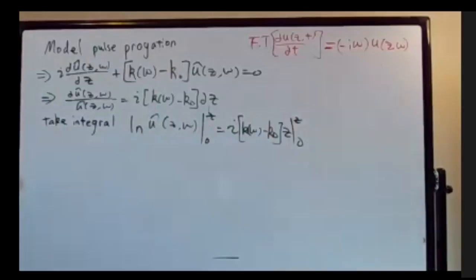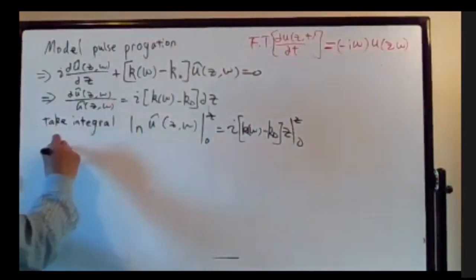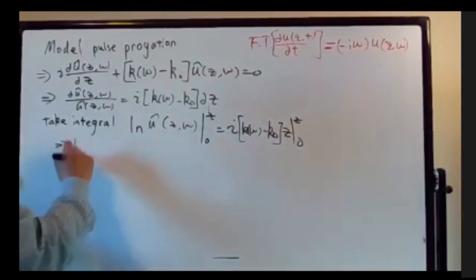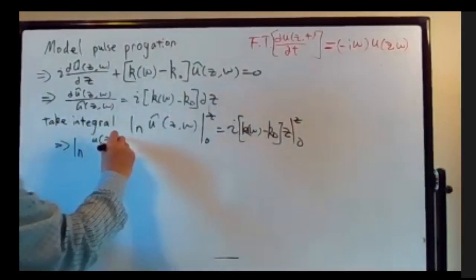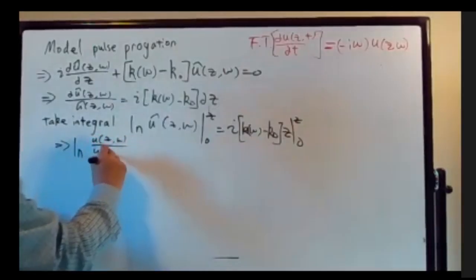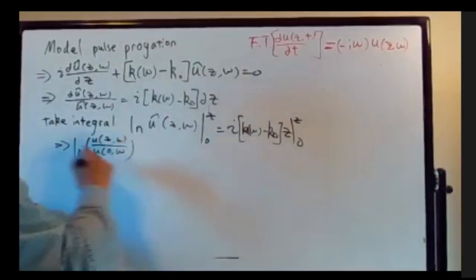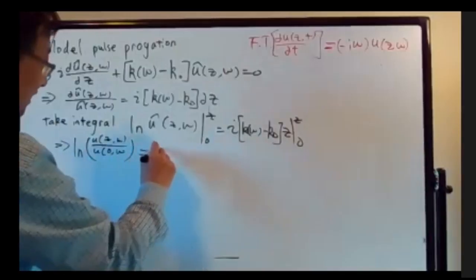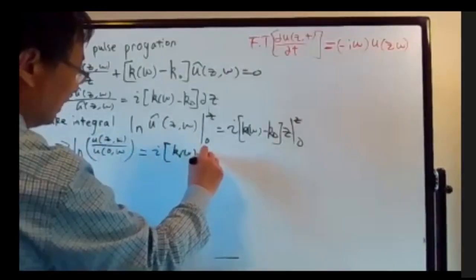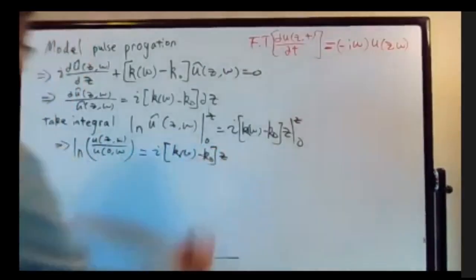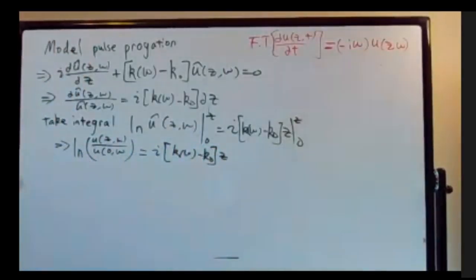So we're propagating from z, right? It's the integral of dz, so it's 0 to z. On the left-hand side, it's the natural log of u z omega over u 0 omega, right? On the right-hand side, just simply I k omega minus k naught z, right?